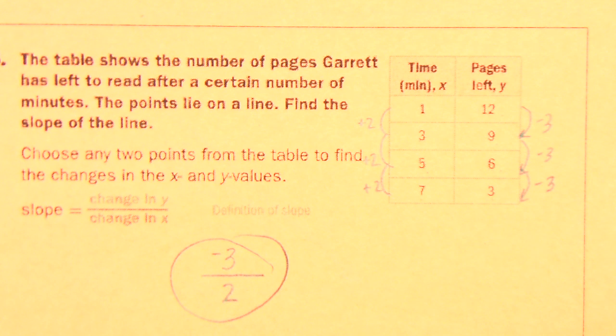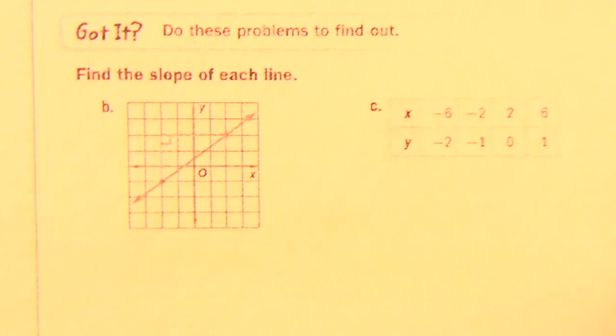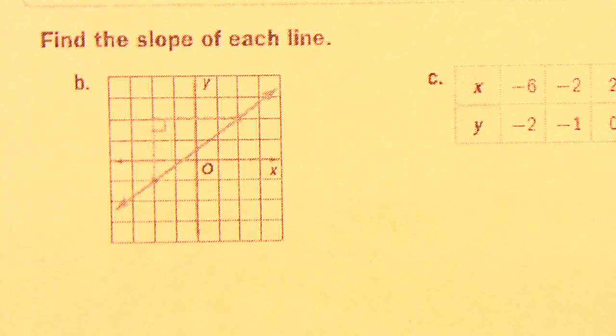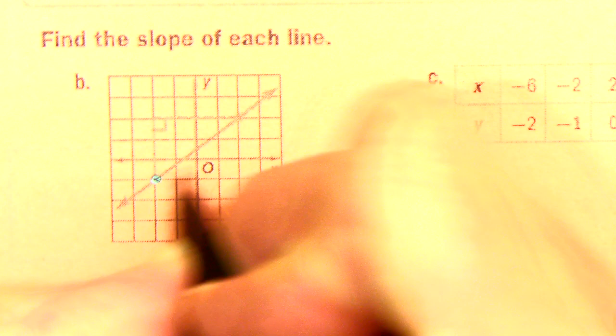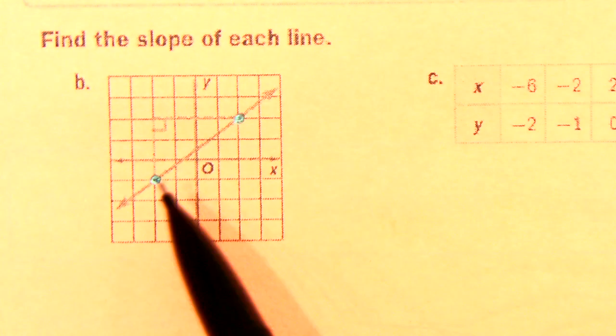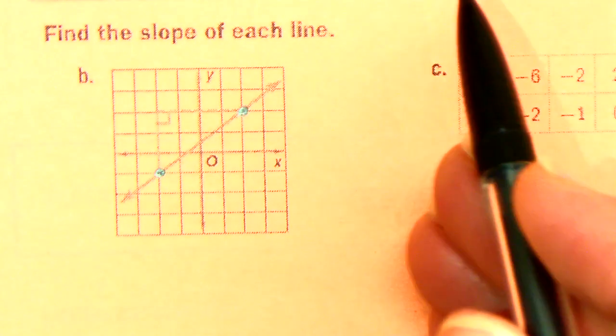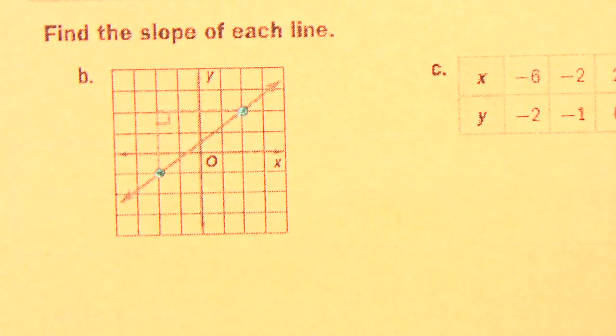All right, let's try over here. We got 2 more examples on slide number 8. In the first one, we're taking it right off the graph. So if you can see it, they kind of have 2 points drawn for you. I'm going to say right away, as it goes to the right, it goes up. So I know it's positive.